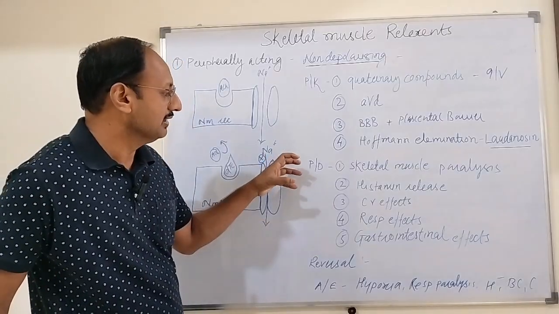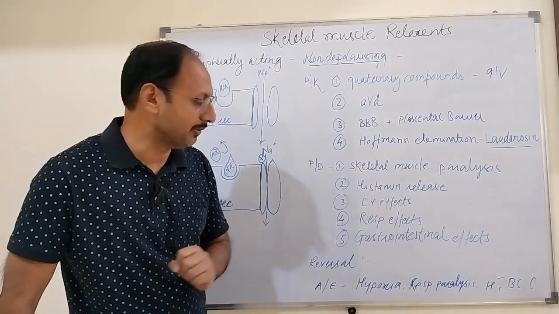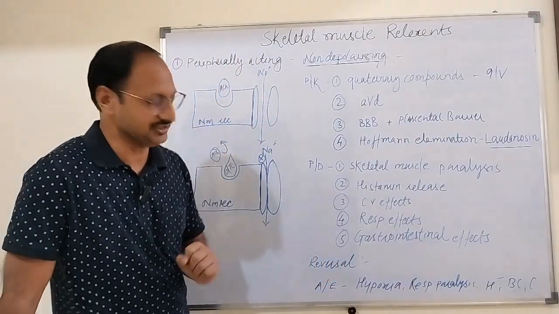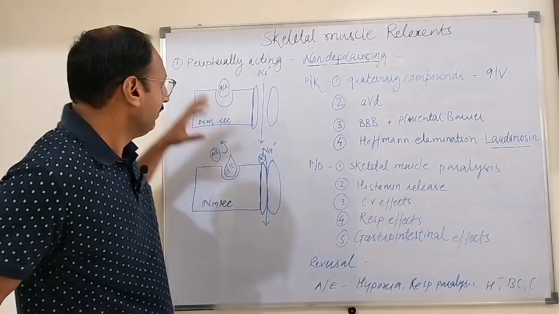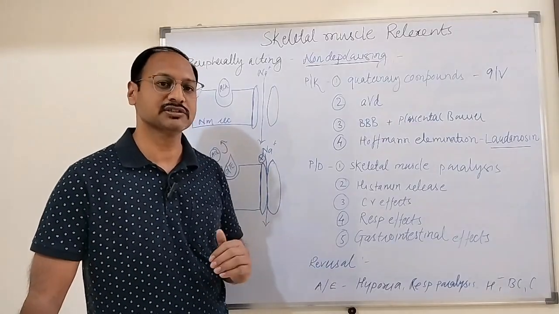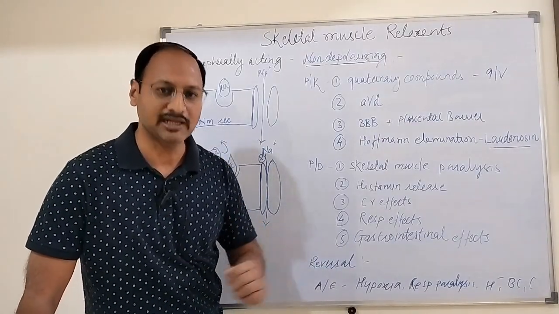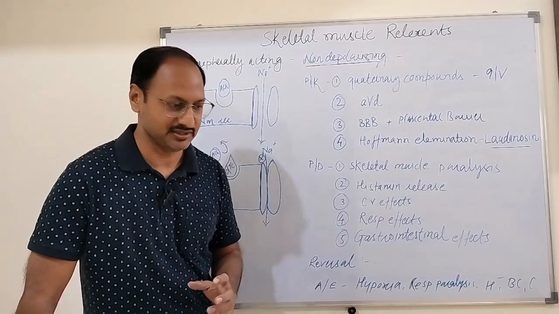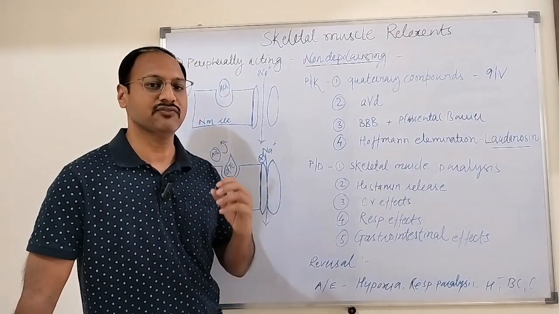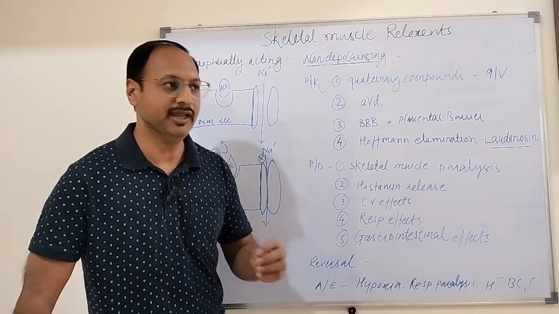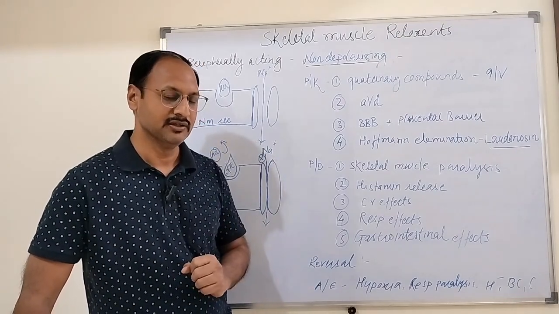Now come to their important pharmacodynamic properties. Number one, skeletal muscle paralysis or relaxation. By acting on these NM receptors, these drugs produce progressive flaccid paralysis. Fast moving muscles are affected first, like muscles of jaw, face, tongue, and neck.